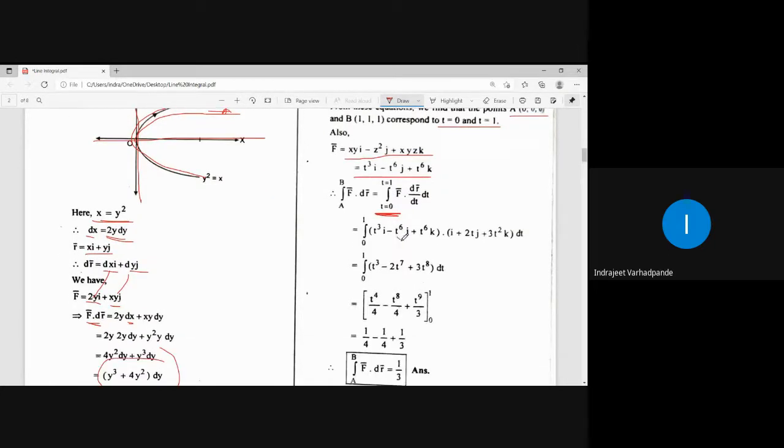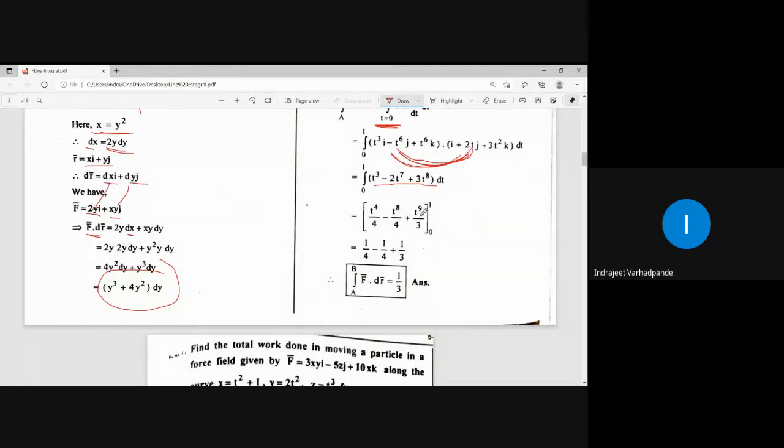So take the dot product of f bar with dr bar, whatever we have calculated, that will be expressed in the form of t. i dot i is 1, j dot j is 1, k dot k is 1. This complete expression in the form of t, integrate, put the limit 0 to 1, we get the answer, integral f bar dot dr bar, as 1 by 3.